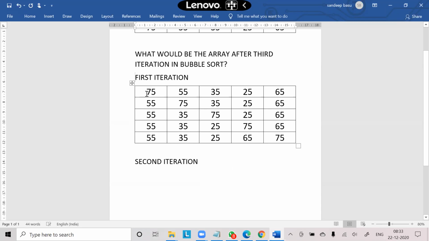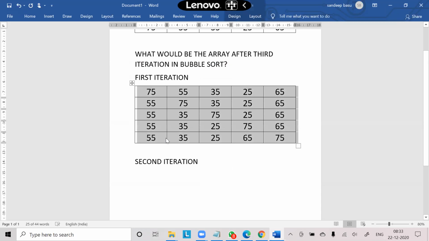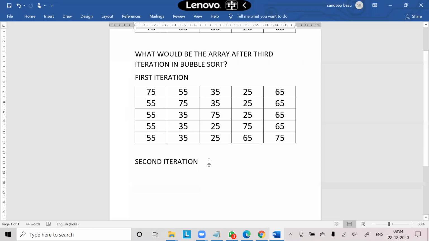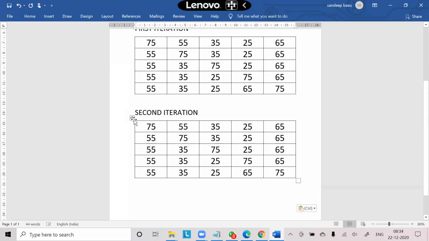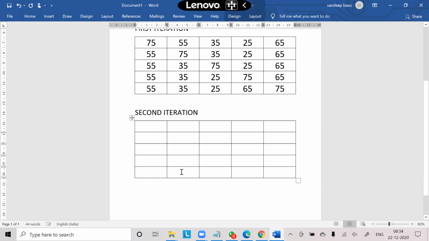Just a moment. Let me do some shortcuts, copy pasting first. Oh, my mouse is not working. Why is it so? Okay, delete entire row. So this is going to be my first step in this one. Okay, second iteration. Second step, 35, 55.